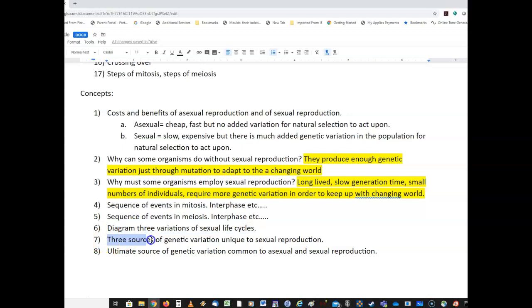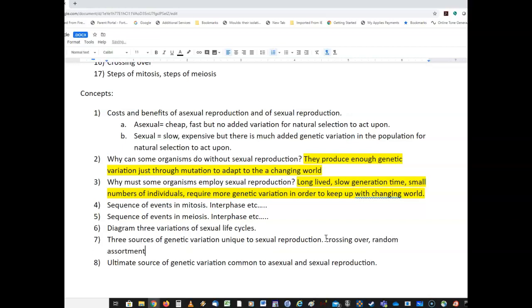What are the 3 sources of genetic variation that are unique to sexual reproduction? Those are crossing over, random assortment, and then random fertilization. The fact that we produce millions and millions of sperm cells in an attempt to fertilize one egg is an example of random fertilization.